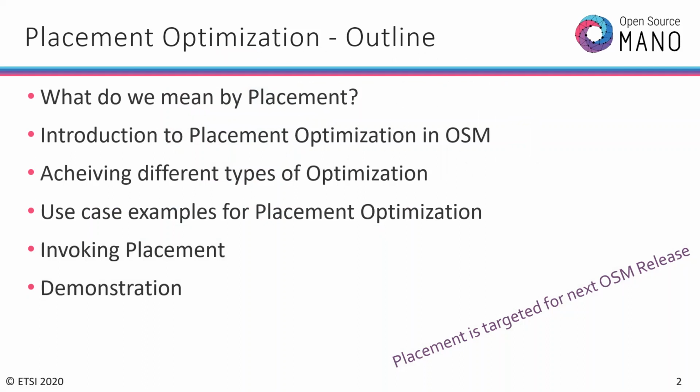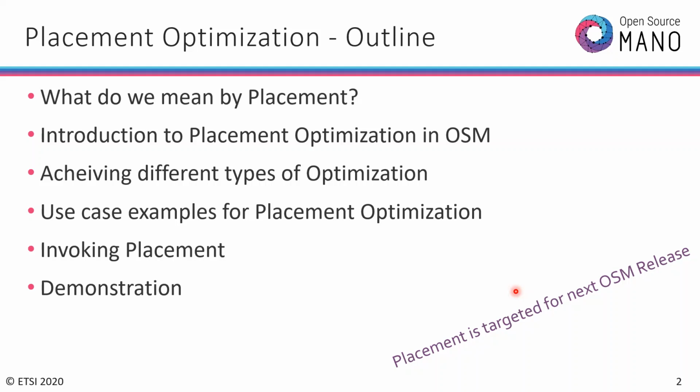So we will try to cover these things. Maybe I should set up a pointer in case we need. So what we'll cover now is our view of what we mean by placement, an introduction to the placement optimization we have now started to work with in OSM, thinking about different types of optimization, which also covers possible future extensions to what we have now.